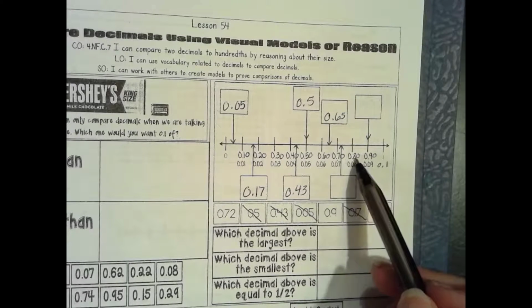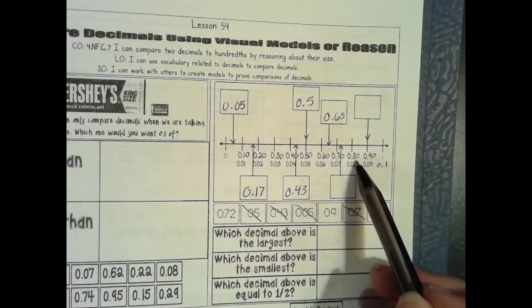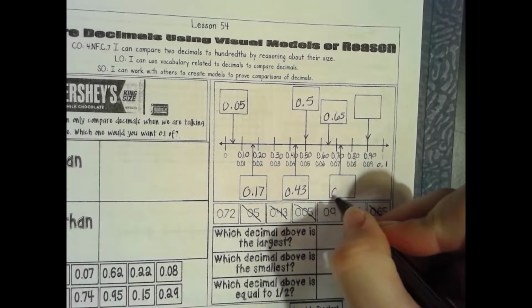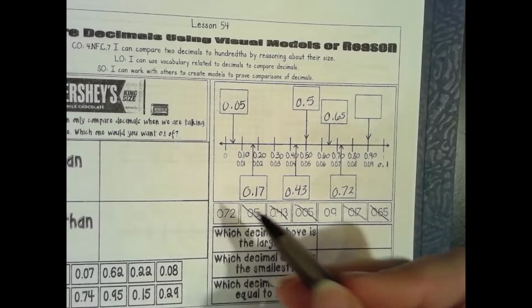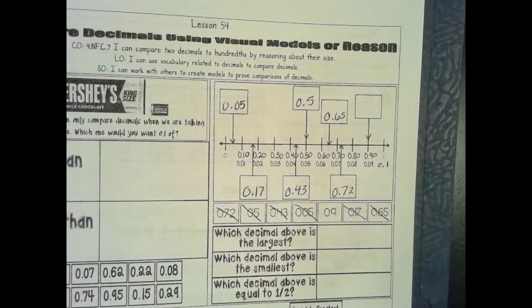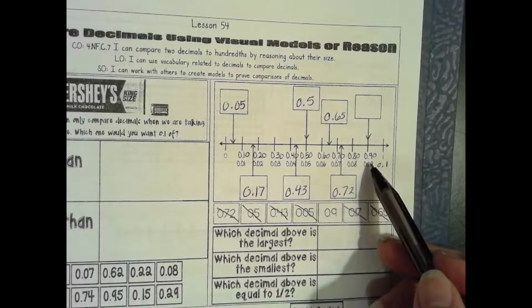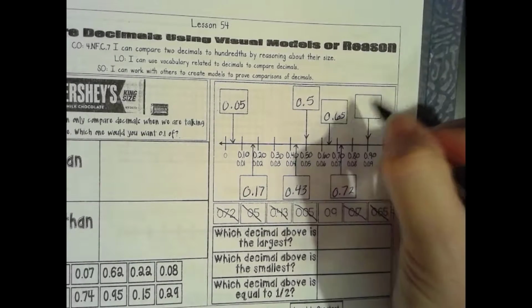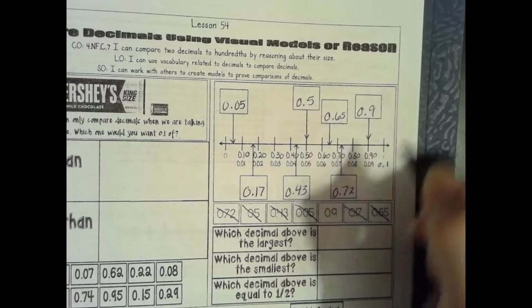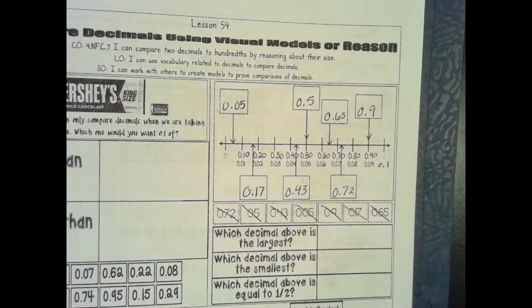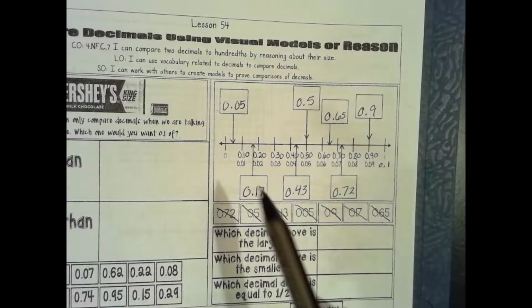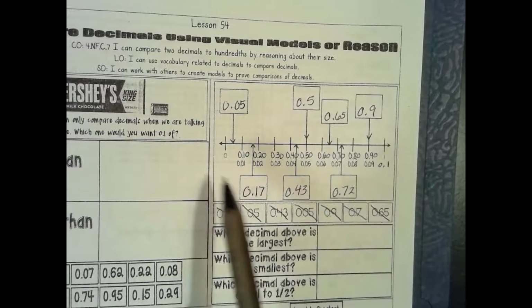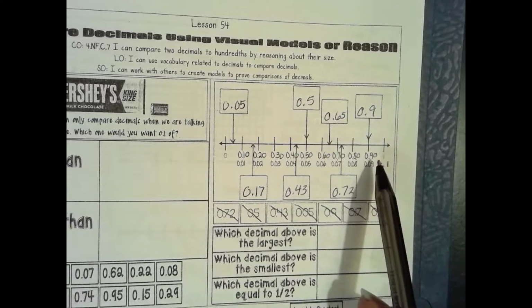Between 7/10 and 8/10, or 70 hundredths and 80 hundredths, would be 72 hundredths. And exactly on 9/10 or 90 hundredths is 9/10. So going from 0 to 1, as we go toward the right, the numbers get greater.